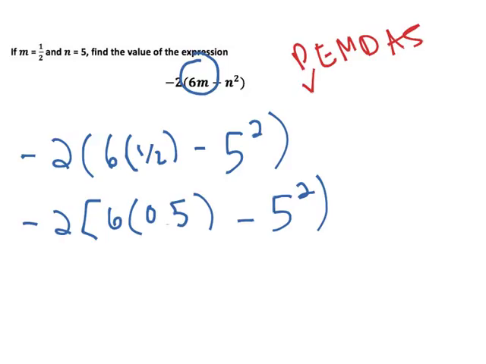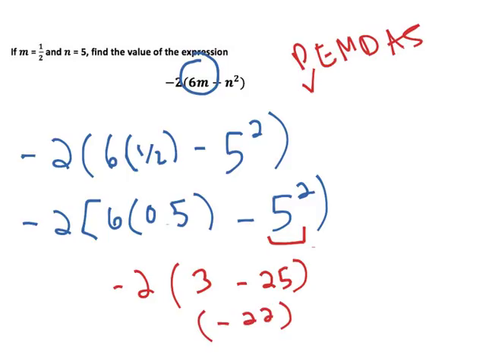So within parentheses, we're still going to use PEMDAS. 5 squared, right here, is 25. And 6 times 1/2 is 3. 3 minus 25 is negative 22. Okay? And now we're doing multiplication, which is the negative 2 times the negative 22, which equals 44.